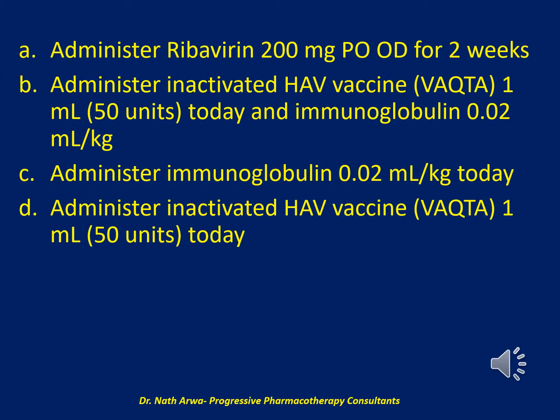Would it be A. Administer ribavirin 200 mg orally once daily for 2 weeks, or B. Administer inactivated HIV vaccine, abbreviated as VAQTA, 1 ml at a dose of 50 units today and immunoglobulin 0.02 ml per kilogram, or C. Administer immunoglobulin 0.02 ml per kilogram today, or would it be D. Administer inactivated HIV vaccine, VAQTA, 1 ml at a dose of 50 units today?